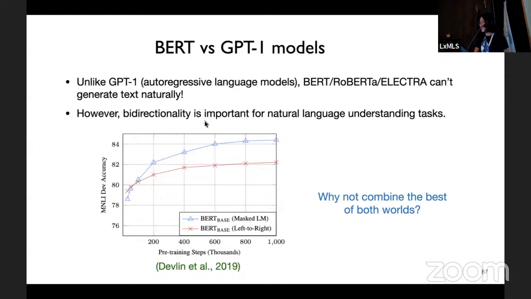At least in this ablation study of the original BERT paper, this blue curve is the masked language modeling, and this red curve is like GPT-1, just doing the autoregressive language model. After you finish training the model, you still fine-tune it on different downstream tasks. Here the y-axis is the accuracy on the MNLI task. They show that bidirectional training is very important compared to unidirectional language modeling.